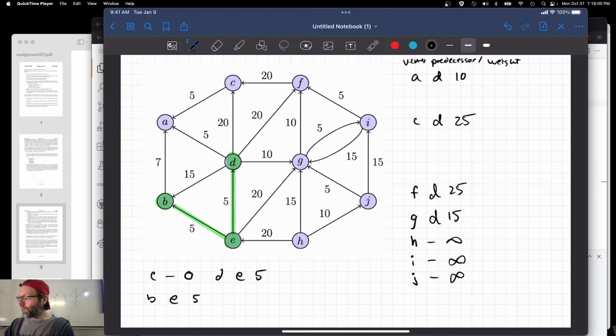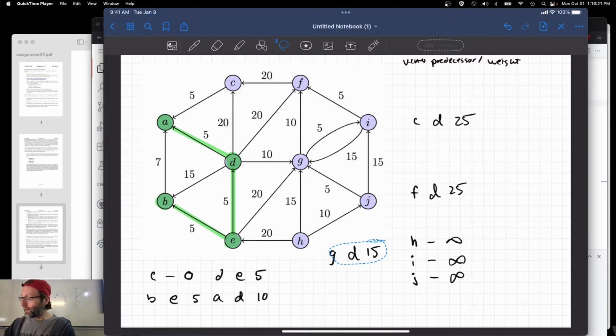There we go. Next iteration of this algorithm, what do I pull out? A to D. And so I am fixing this edge right here and incorporating A. But is there anything to consider in its outgoing neighborhood? Nope. So I continue. I pull out this one.